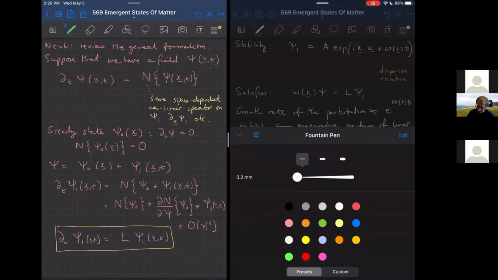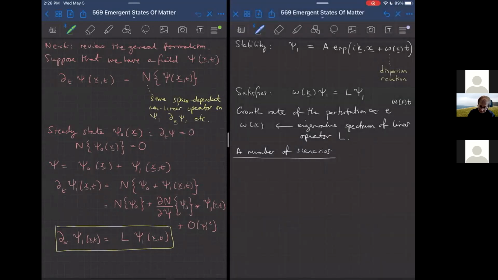So the first scenario that I want to talk about is the case where the real part of omega of k is less than 0 for all k. Okay, so that's scenario number 1.